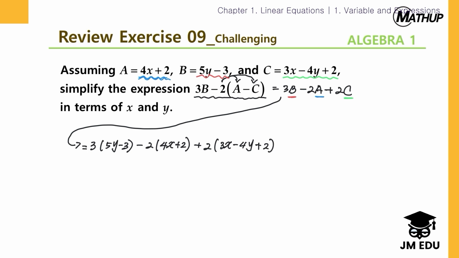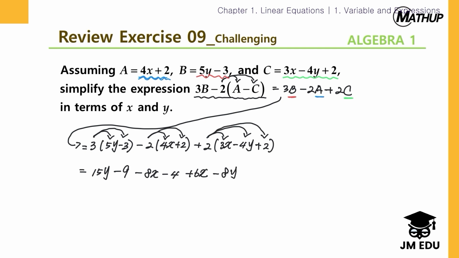So that is equal to 3 times 5y, that's 15y. 3 times negative 3, minus 9, right? Minus 2 times 4x, minus 8x. Minus 2 times 2, minus 4. Plus 2 times 3x, plus 6x. Plus 2 times minus 4y, minus 8y. Plus 2 times plus 2, that's plus 4.